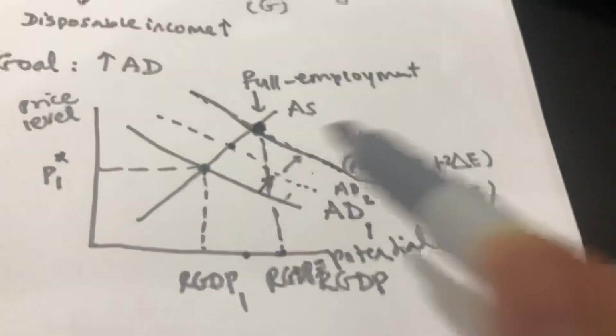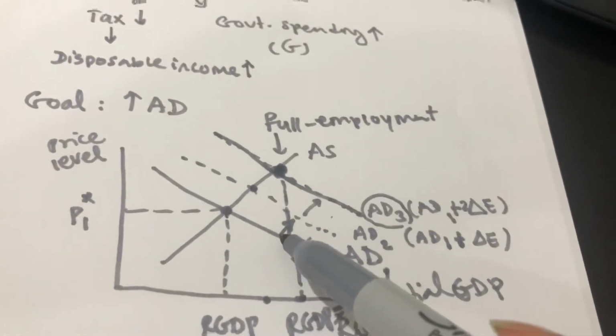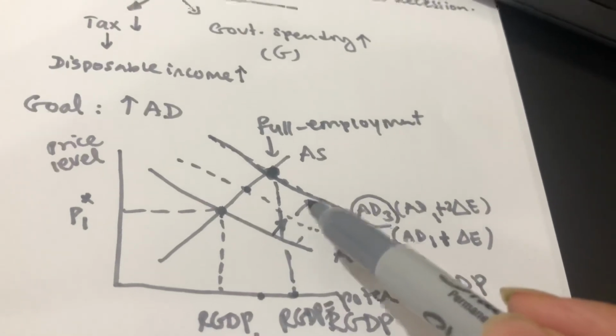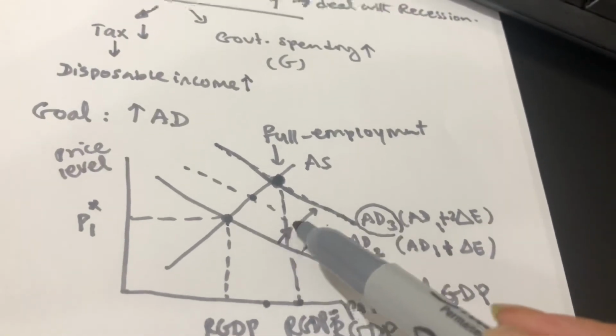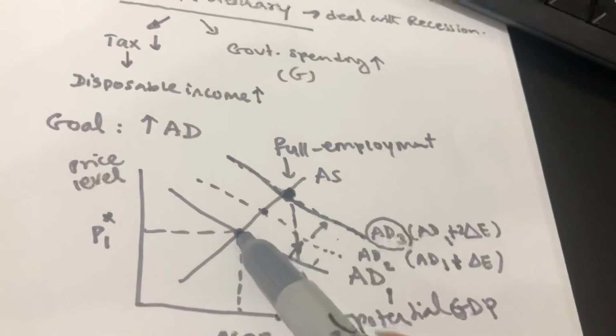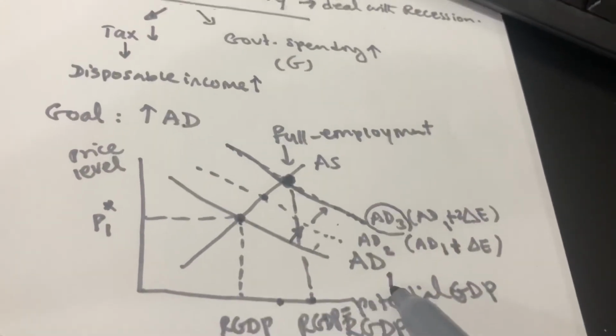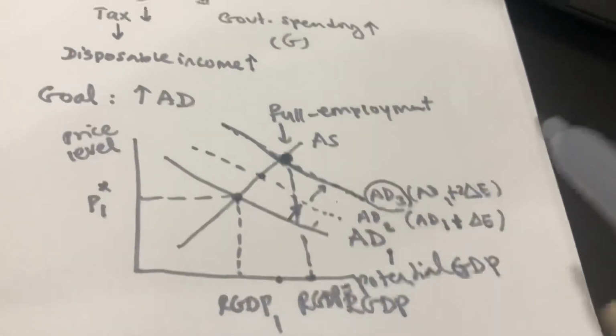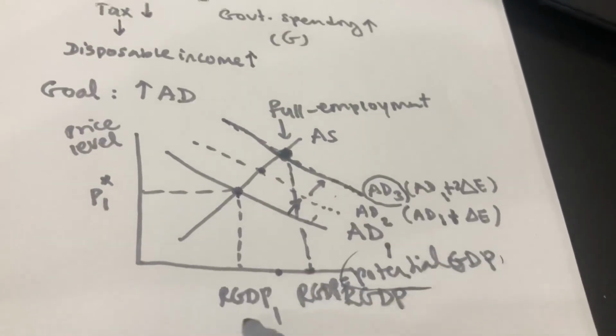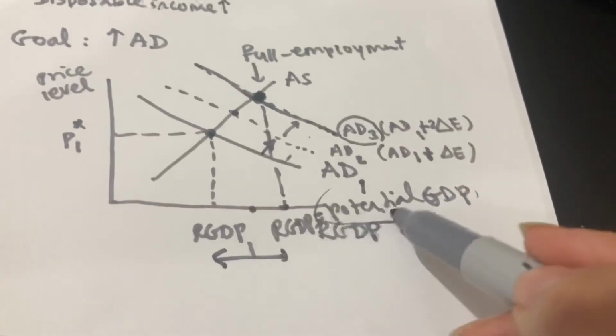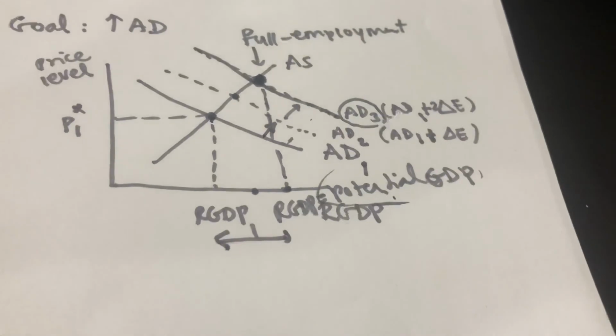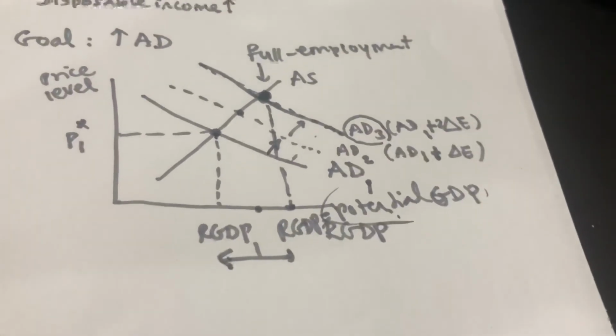The government was able to increase the aggregate demand and help the economy to recover from recession. Because down here we had recession because aggregate demand was just too low. If this is our potential GDP, we had this gap between potential GDP and the real GDP. We had this much recessionary gap.